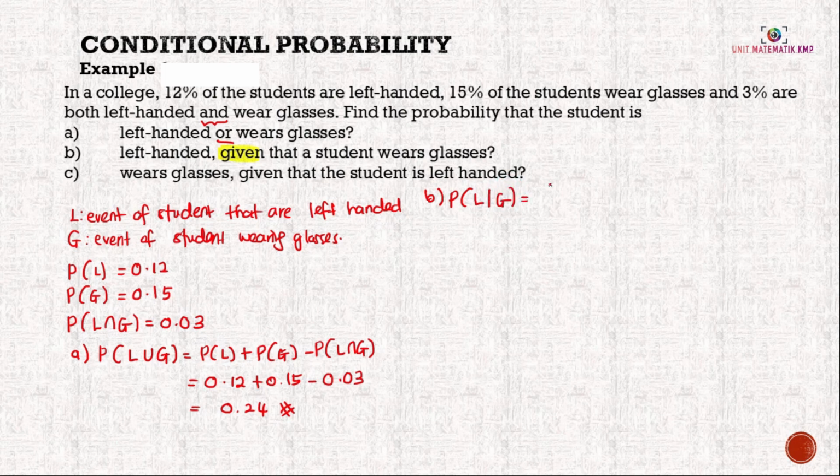So use the formula, probability of L intersect G divided by P(G). So we will have 0.03 divided by 0.15, and then simplify, we can get 0.2.